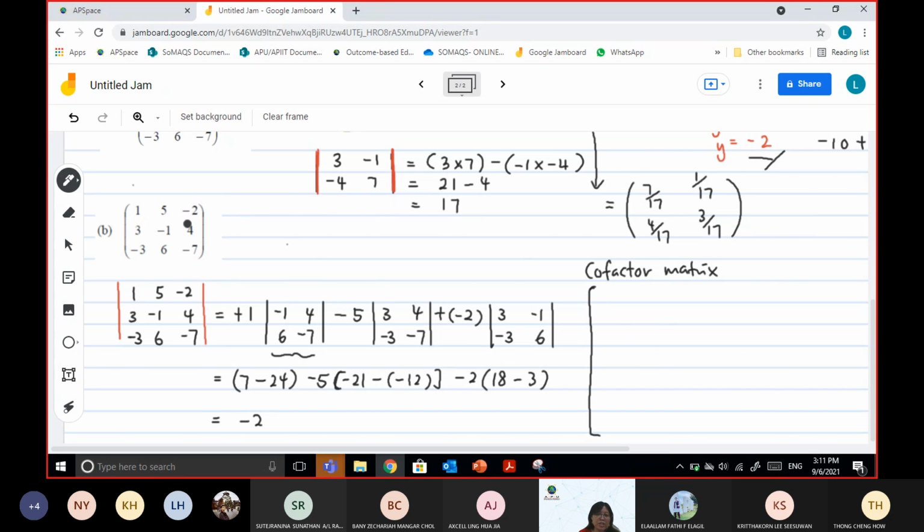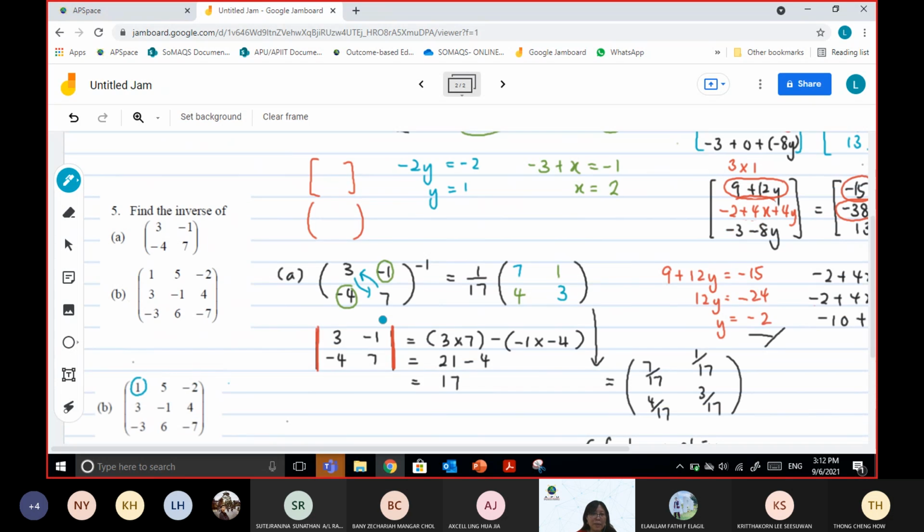So for your revision, cofactor matrix: since there are 9 values in the matrix, you need to find each cofactor value. So for the first cofactor value, when I'm calculating number 1, I'm blocking the first column and first row, and I have to follow the sign.